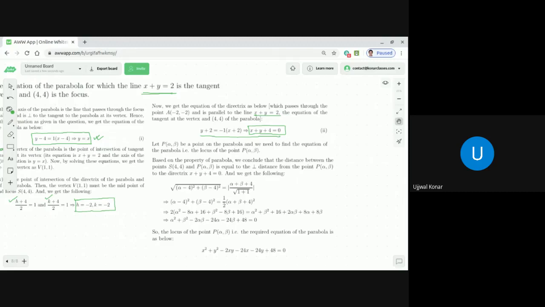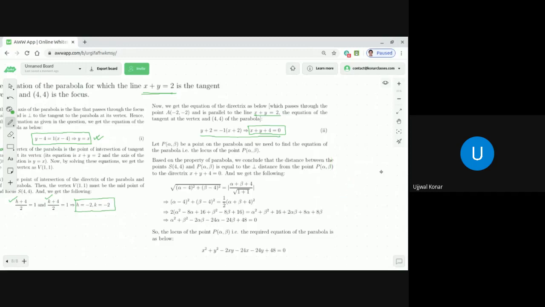Just to give you a recap, suppose this is the parabola, then this is the focus, and this is a point on the parabola, and maybe this is the directrix. Sorry, let me draw it properly.